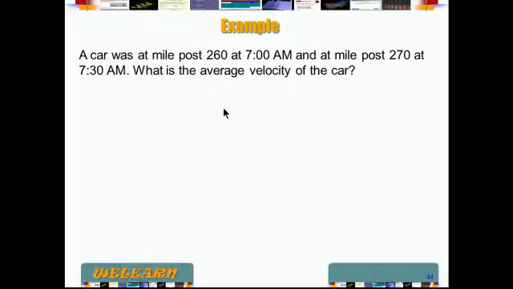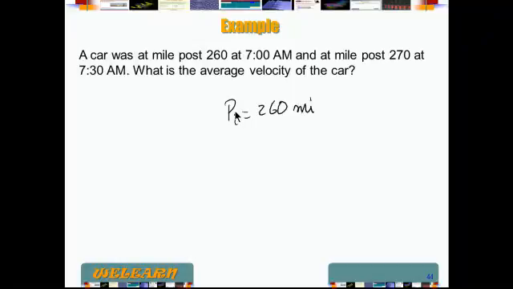Okay, so milepost 260, that means we are at position 260 miles relative to the border between Georgia and Florida if we are on 75.